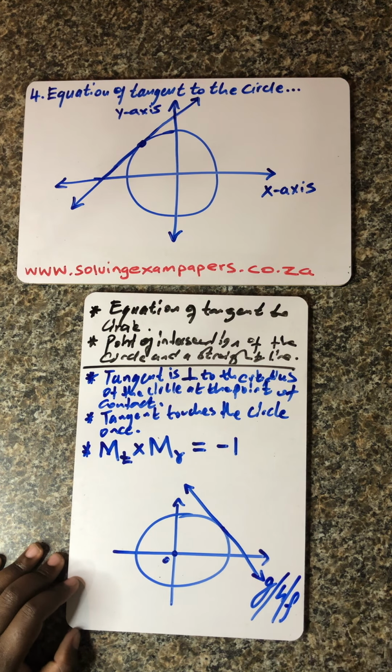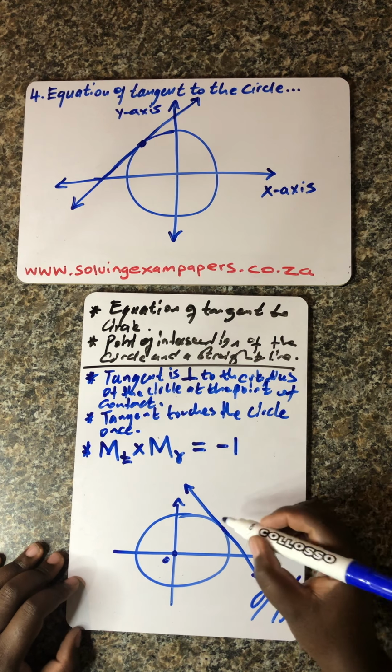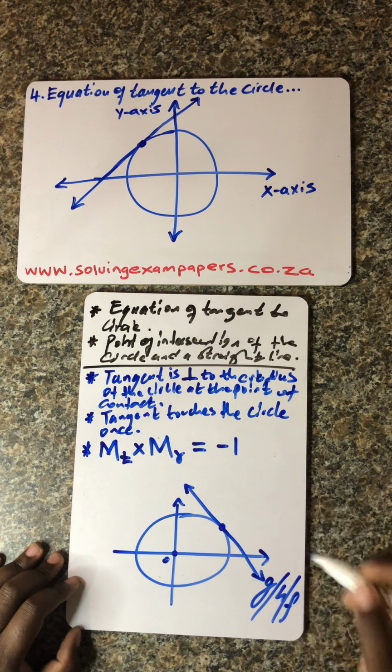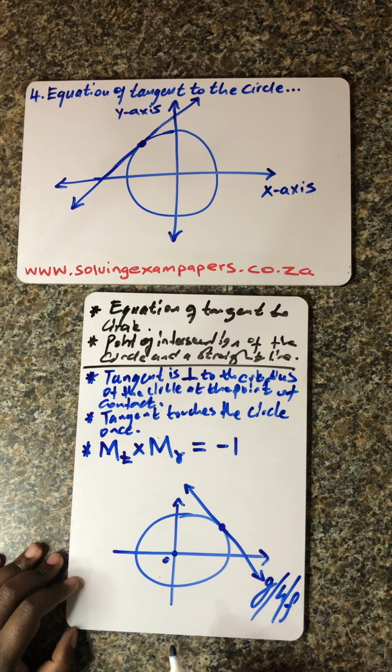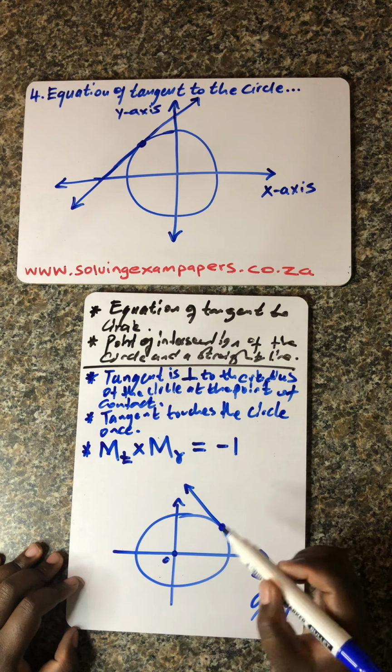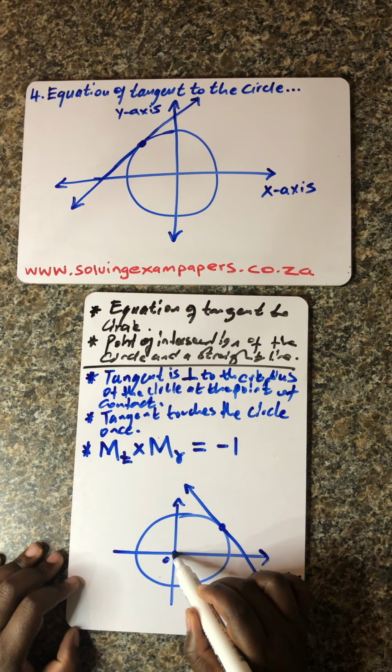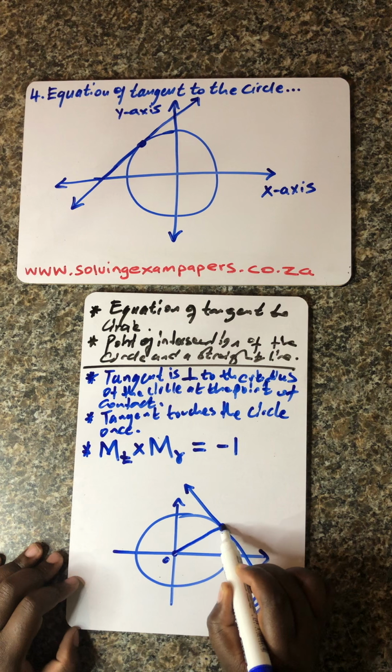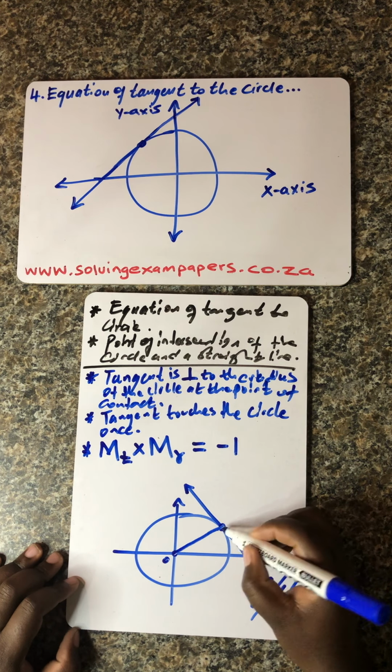So the question is, is this a tangent? Yes. Why? Because it touches the circle at one point, or it touches the circle once. That means we've got a radius radiating from the center to that point of contact.